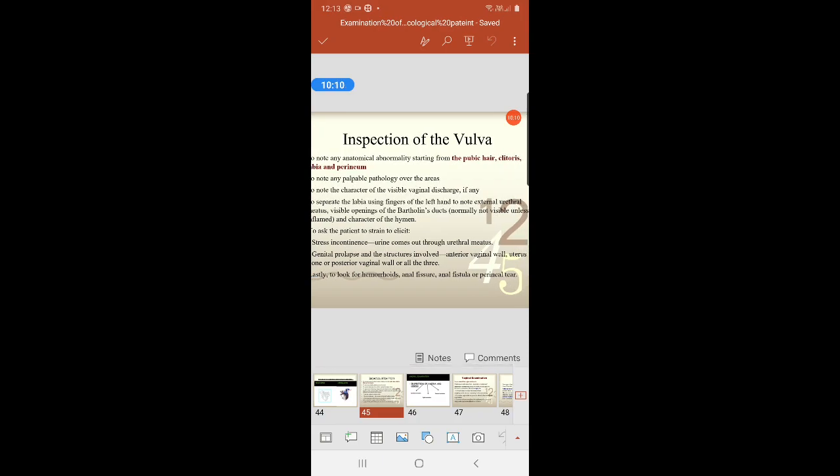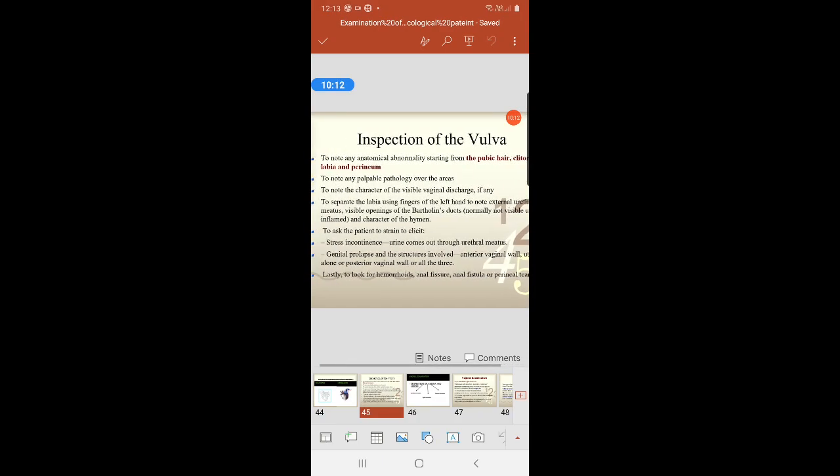If prolapse is there, we look for anterior vaginal wall prolapse, uterus alone, the posterior vaginal wall, or all three. So you can ask the patient to strain, and we will come to know which type of prolapse it is, if it comes out on straining. This is also a test to diagnose the prolapse condition.